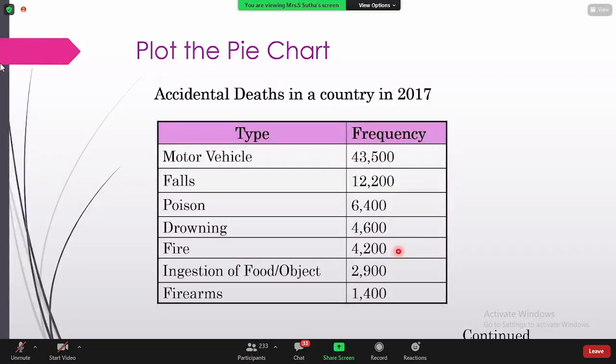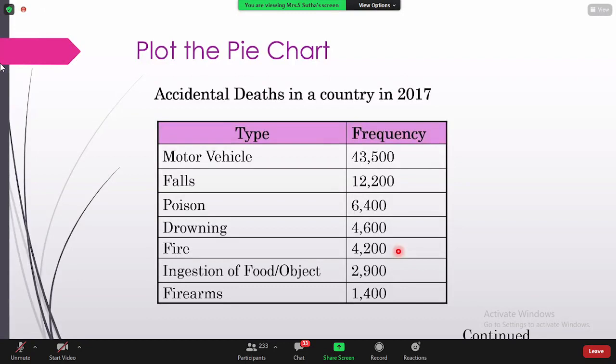What is the next thing you have to calculate? Percent frequency. Degrees, right?